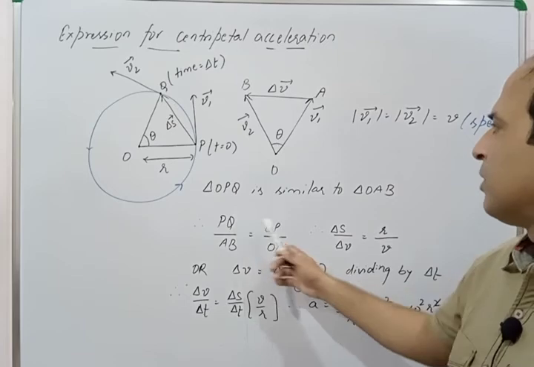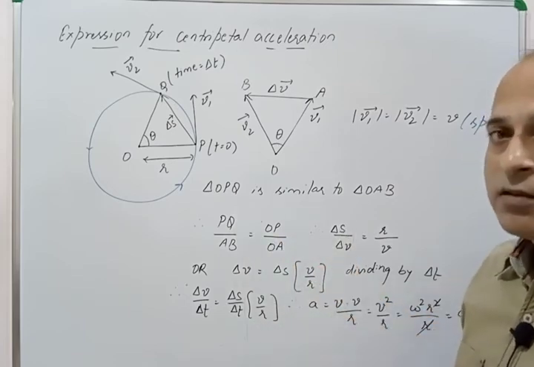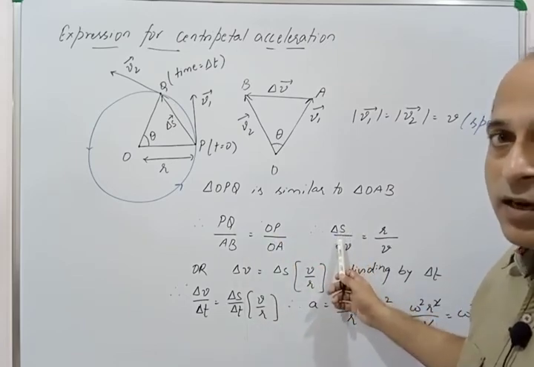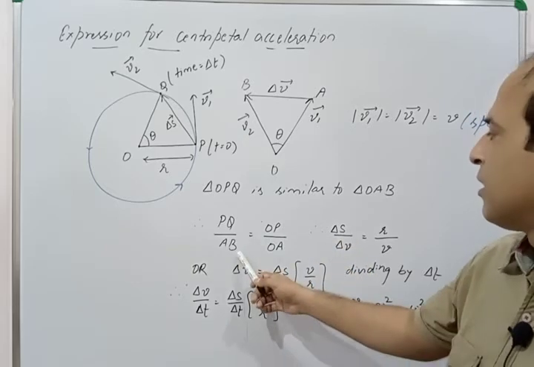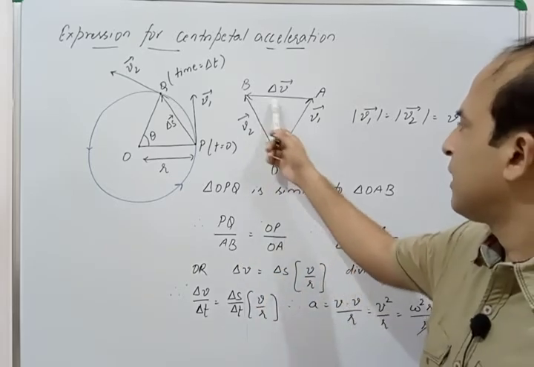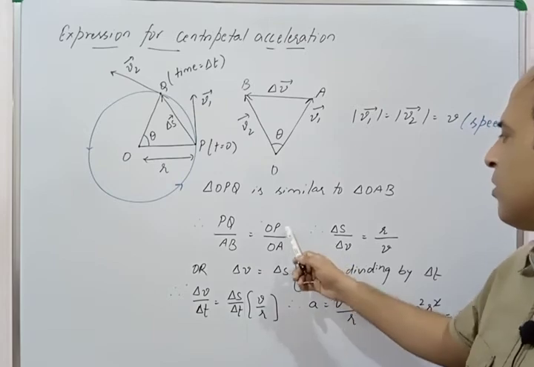Now the value of PQ is delta S, length. Arrow हटाना है, length लिखना है. तो length क्या है? Delta S. AB, the length of the side AB, is delta V, as you all know. What is OP?